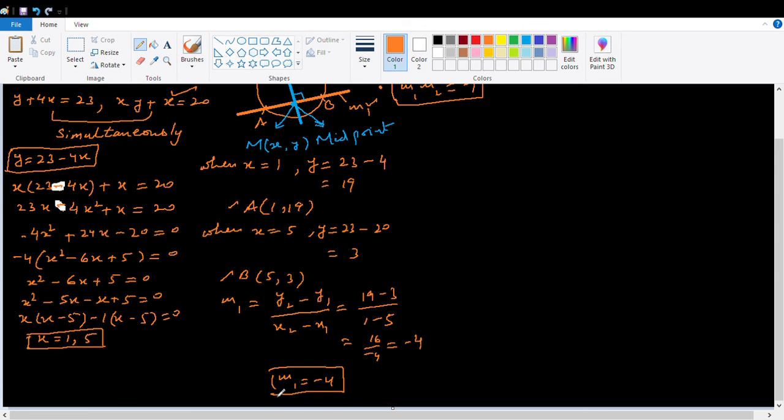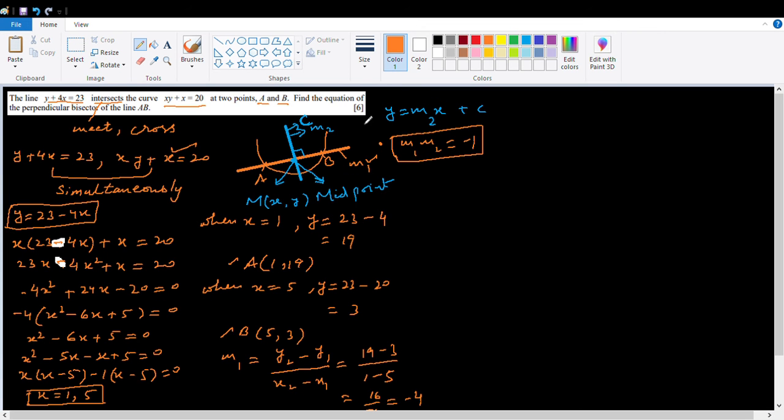Now we need to find out m2. We will use this formula to get m2: -4 times m2 is equal to -1, because I have substituted the value of m1 here.